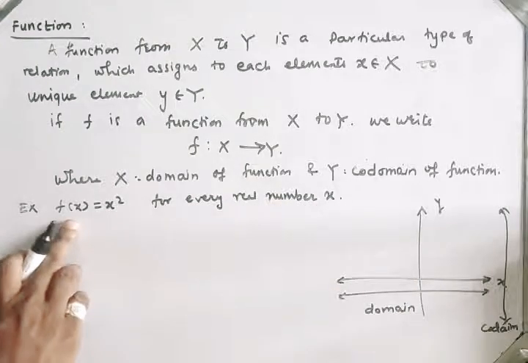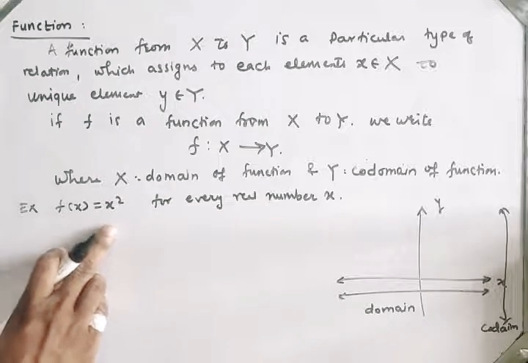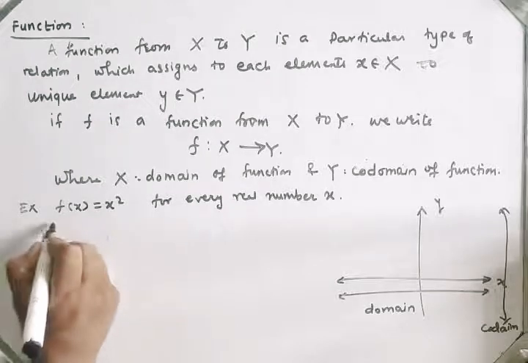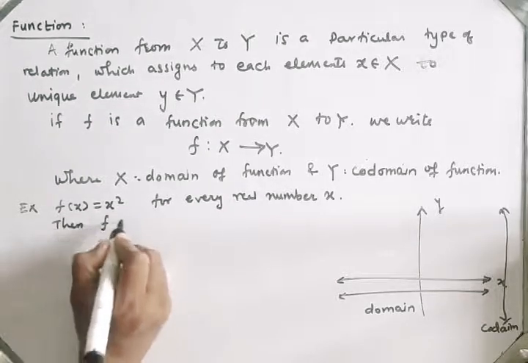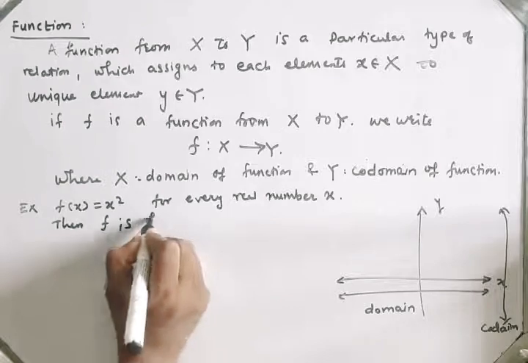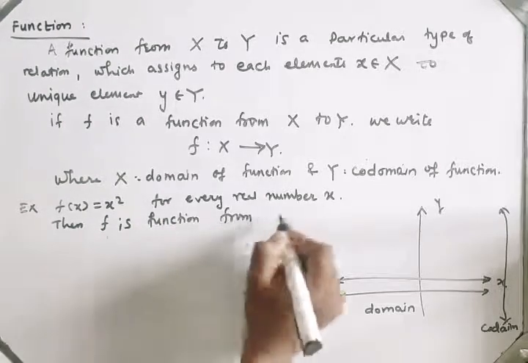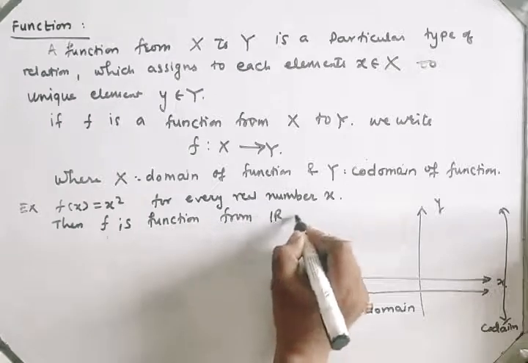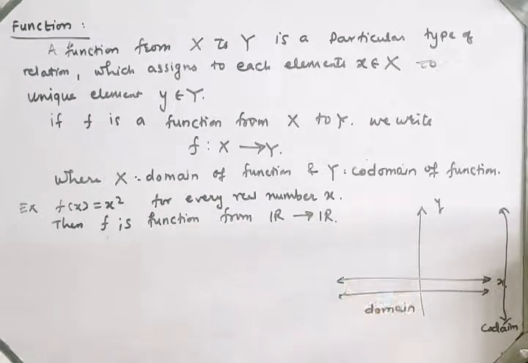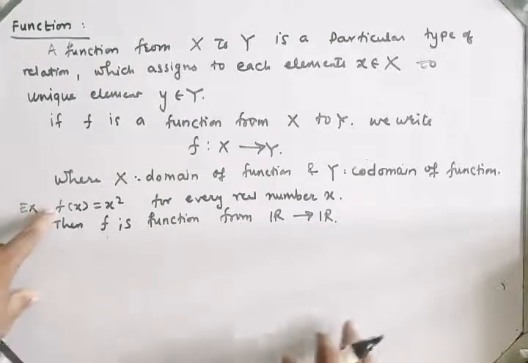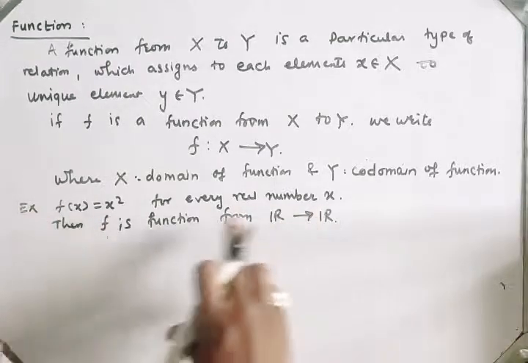So what is given? The function f of x is equal to x square for every real number x. Then f is a function from R to R.